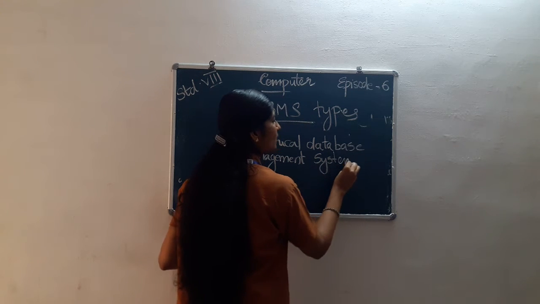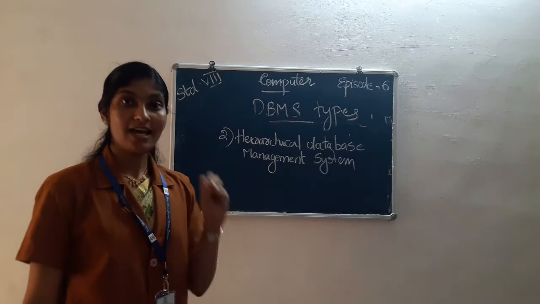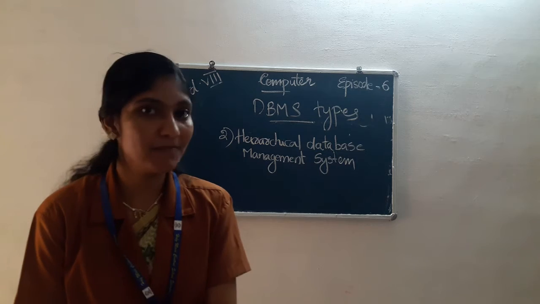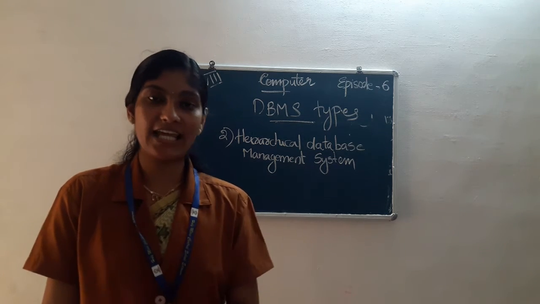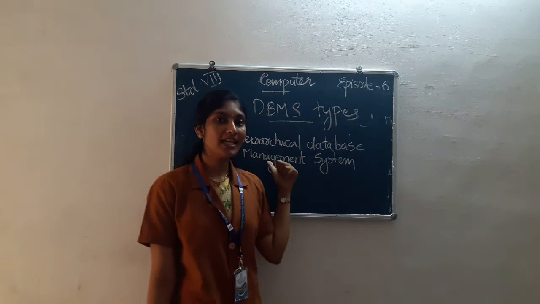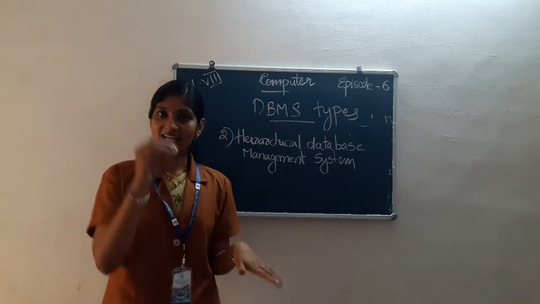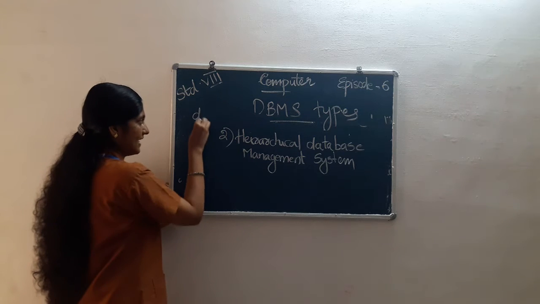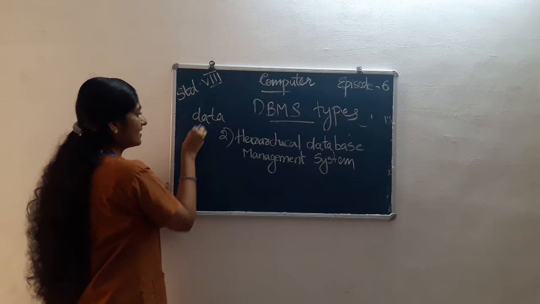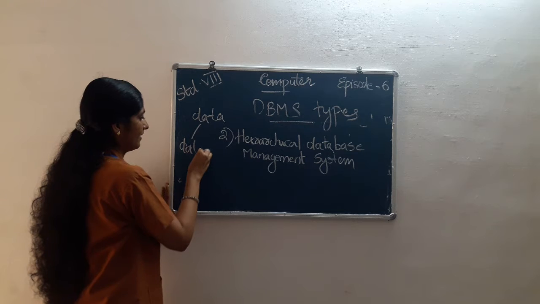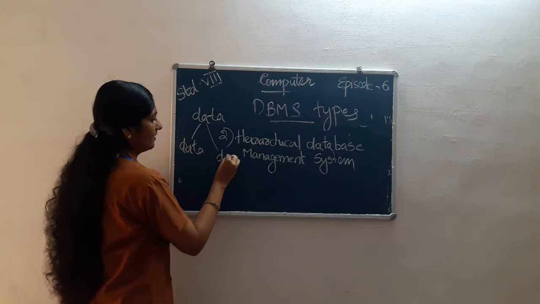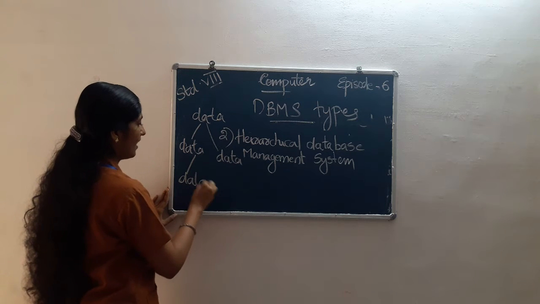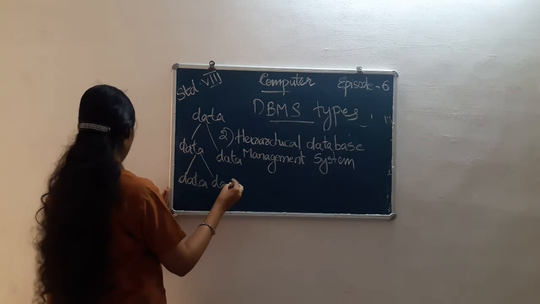In this type of database management system, we know in a relational database system the data are arranged in tables. But in this type, data are arranged in a tree structure. For example, this is a data and this is another data, which is connected to another data and then another data.